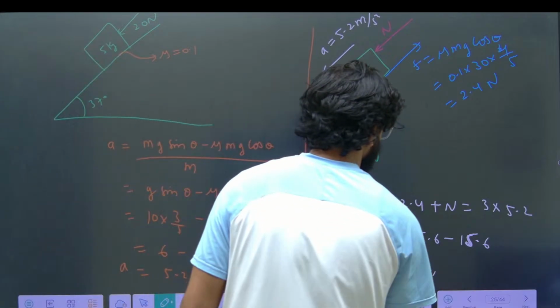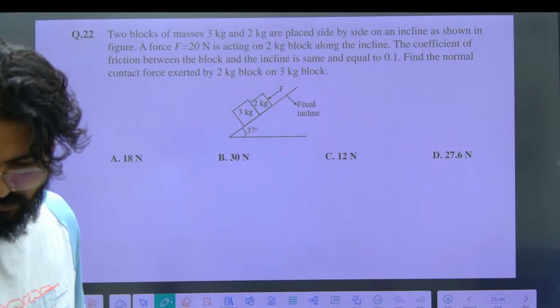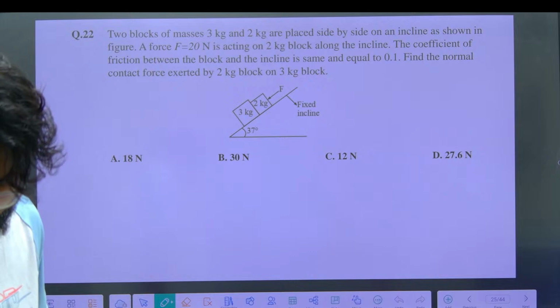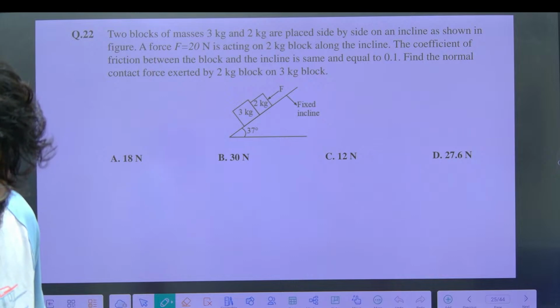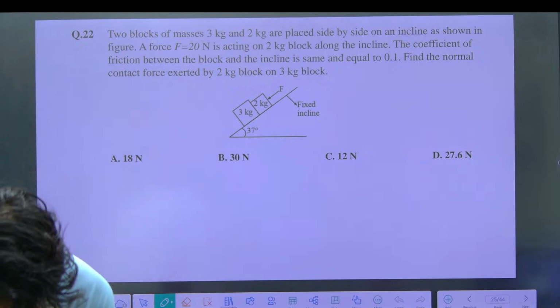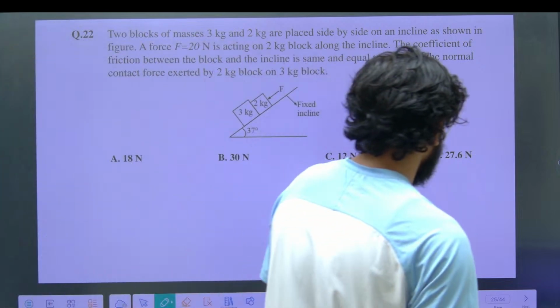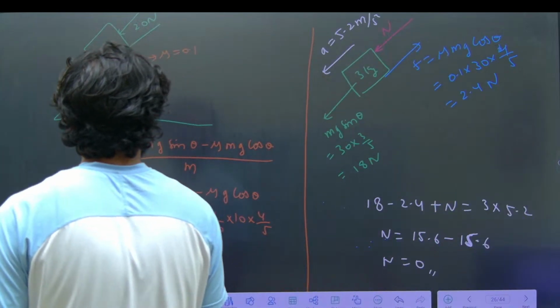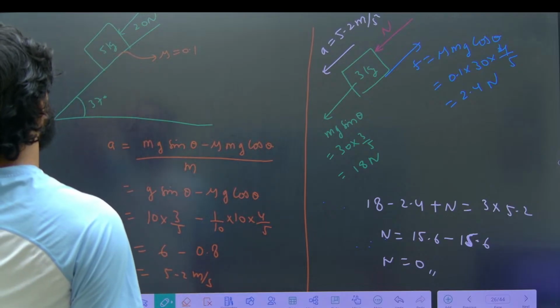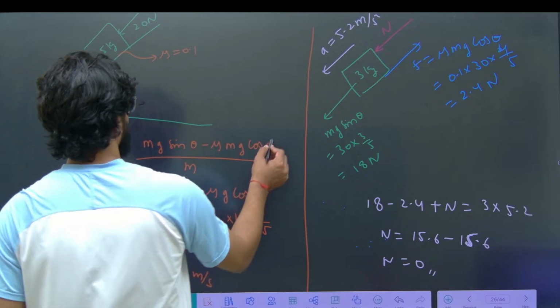This is question number 22. I made a mistake in A. Oh Lord. Yes, I didn't consider that 20.